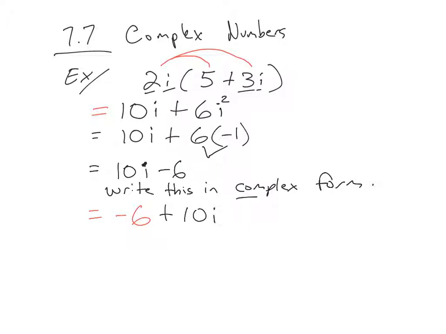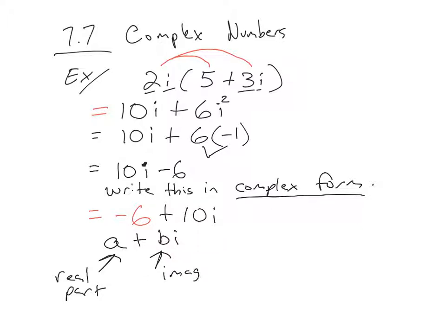Whenever they refer to complex form, the first number is your real part, plus bi, and this b represents the imaginary part.